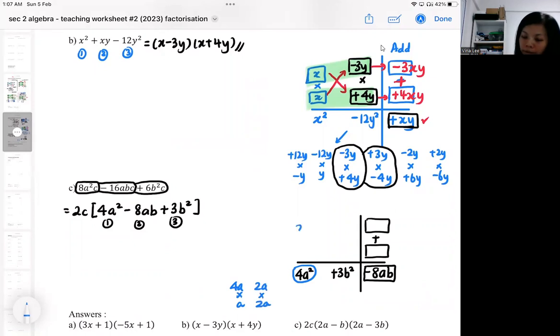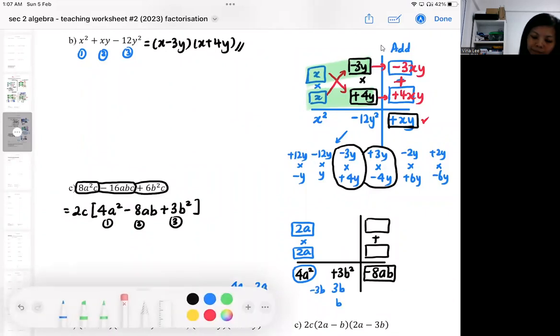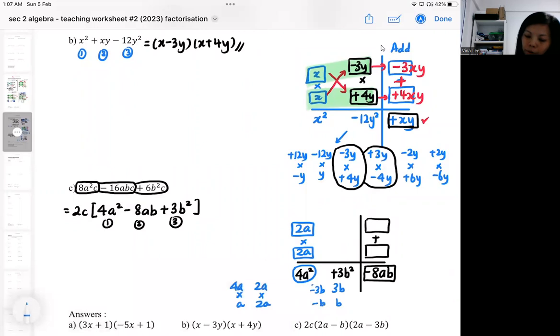Okay, you can choose first. Then 3b doesn't have a lot of choice. It's just 3b times b, or it can be minus 3b times minus b. I will be choosing the negative because the checkpoint has negative. So I'll be choosing minus 3b, minus b.